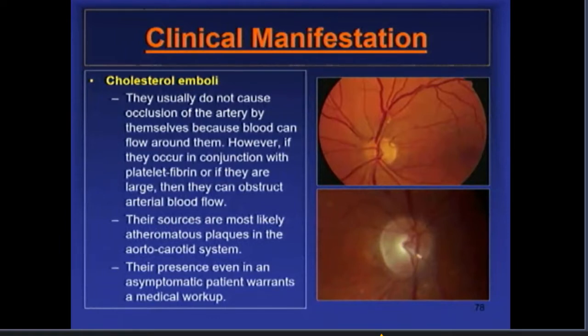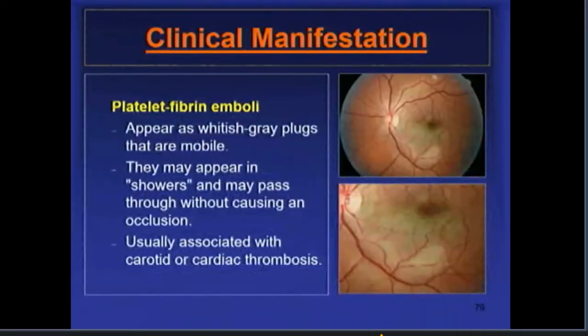Their sources are most likely atheromatous plaques in the arteriocarotid system, and they may be present even in asymptomatic patients. Platelet fibrin emboli appear whitish-gray, as we see here in these patients. They are mobile, may appear as a shower, and may pass through without causing occlusion, usually associated with carotid thrombosis.